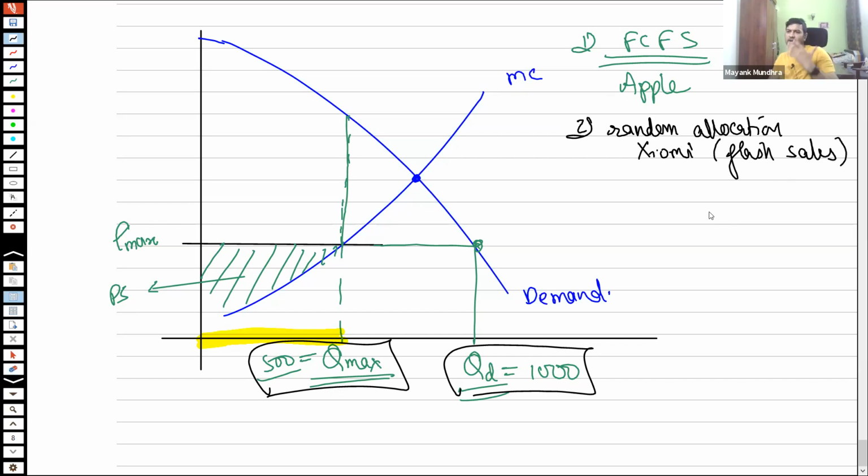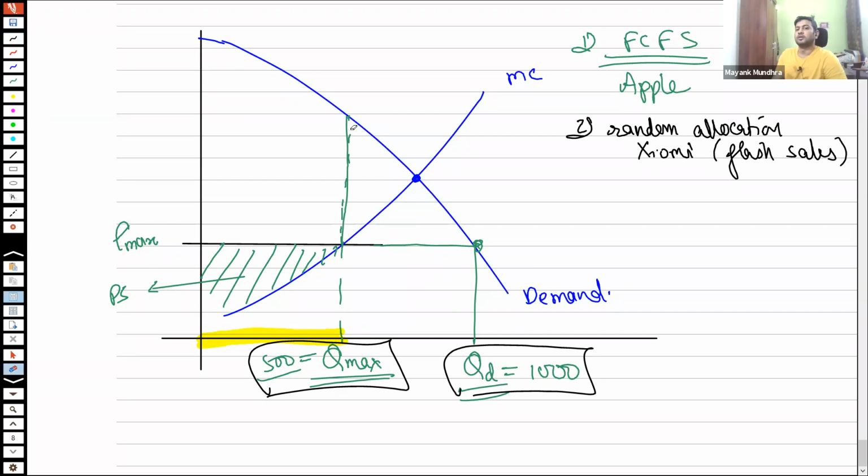What happens in flash sales is that people get this product randomly. Everybody applies to get this product, and on the day, a random lottery picks Q-max number of people out of the Q-D people who applied for it. So 500 out of 1,000 people will get it. So there's a 1/2 chance that any one of these individuals will get this.